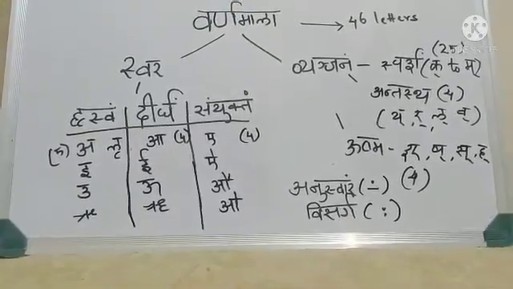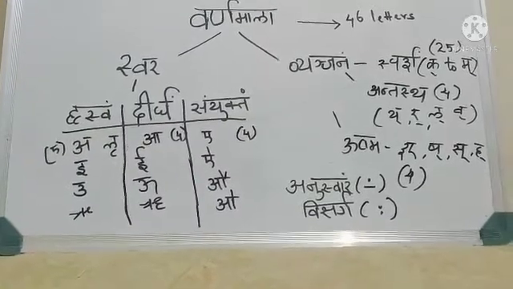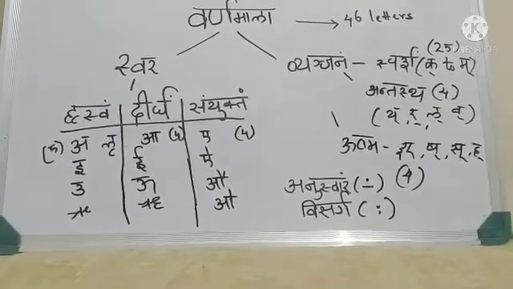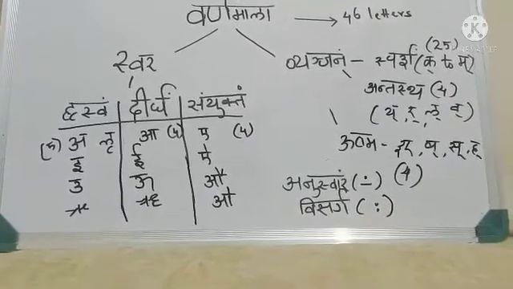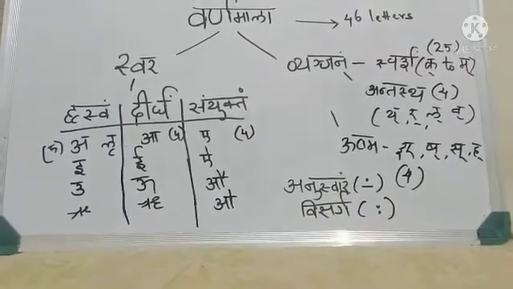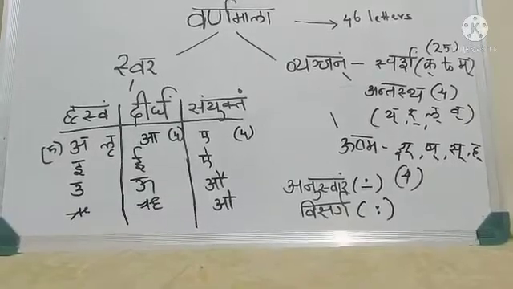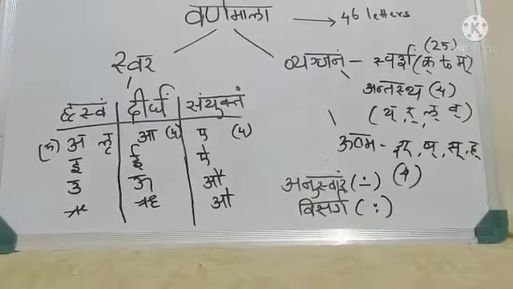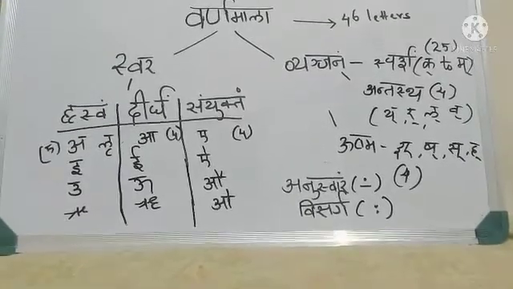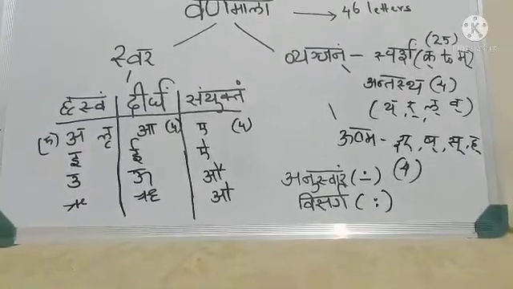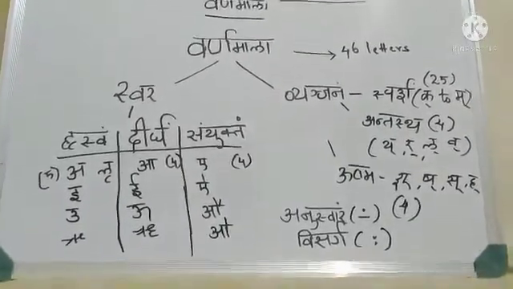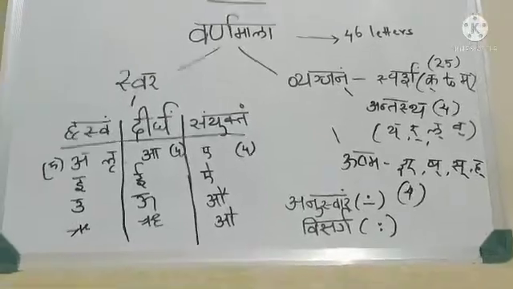Samyuktam has 4 letters: A, I, O, and O. Each is a combined letter. That's why it's called Samyuktam. The word Samyuktam means grouped. So the first Varnamala, the 30 letters, is divided like this.